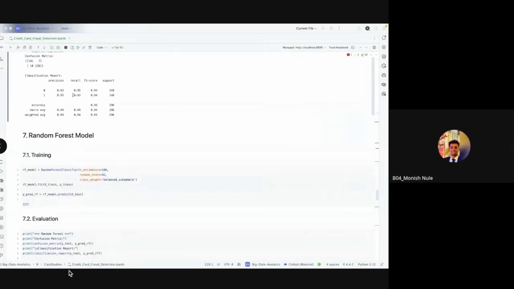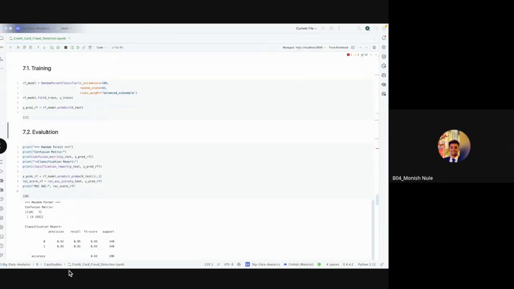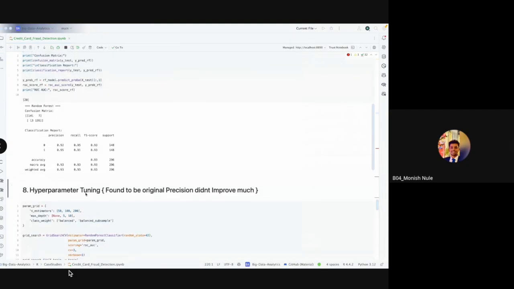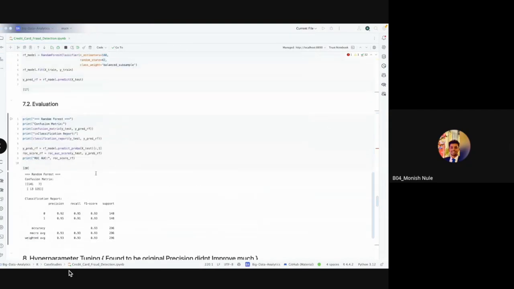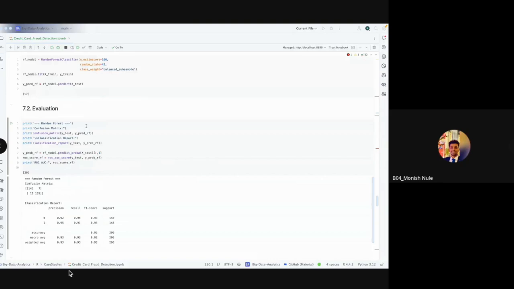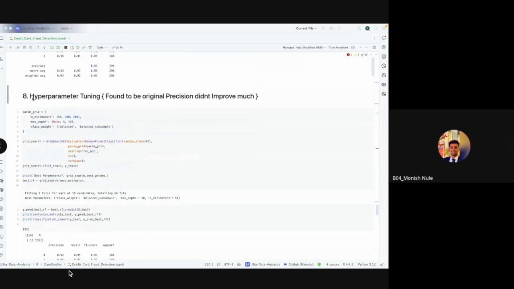So this is the second model, random forest model again, which I'm training and evaluating the results. Above, we can proceed with this evaluation model, and then we have the results of the evaluation of the second model. For the final evaluation, this is a fine tuning which I have used in this model, which I didn't find interesting or didn't improve the prediction.